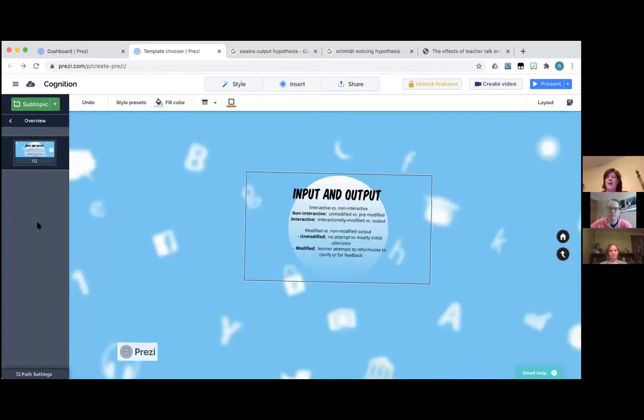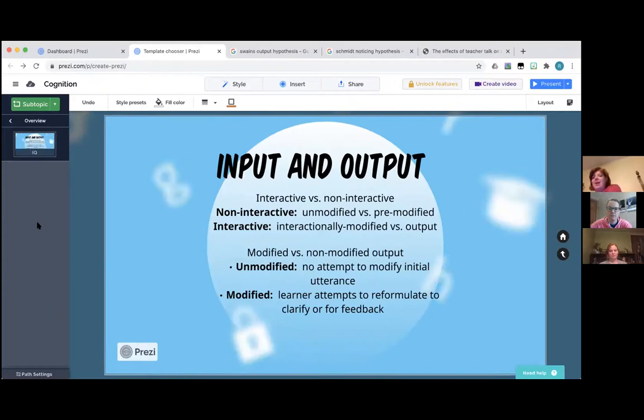The input and the output, and if you want to follow along with me, it is on page 144. Interactive versus non-interactive input, and there's a tree on page 144 if you want to follow along.